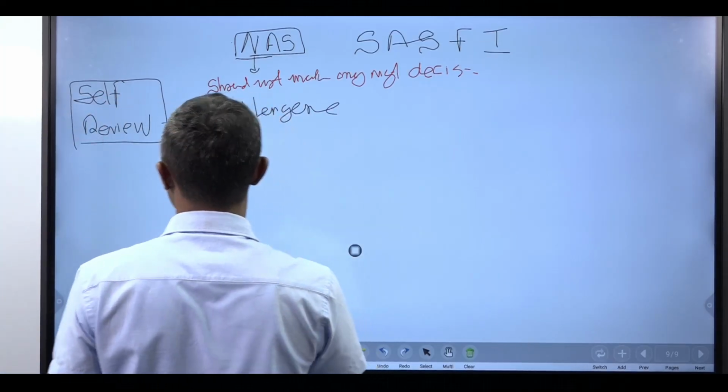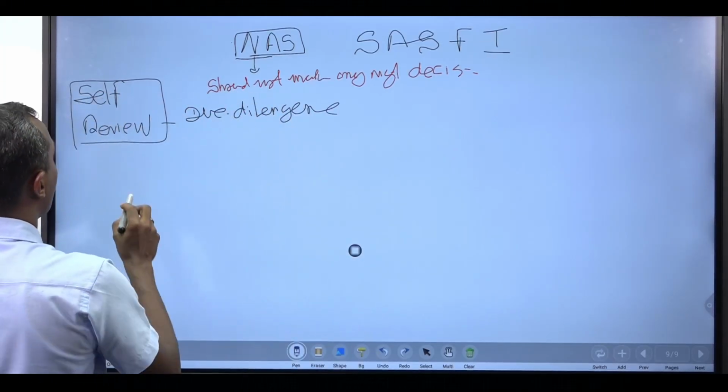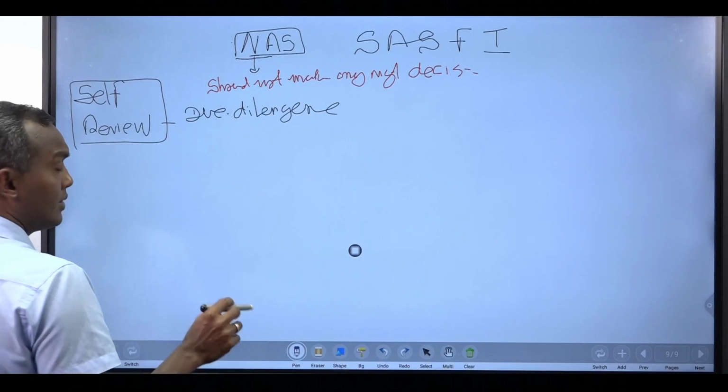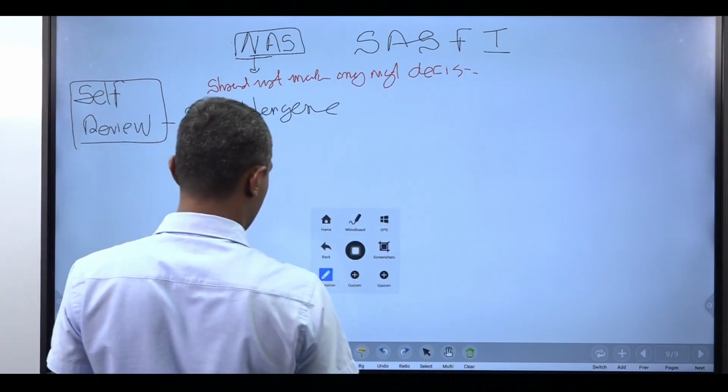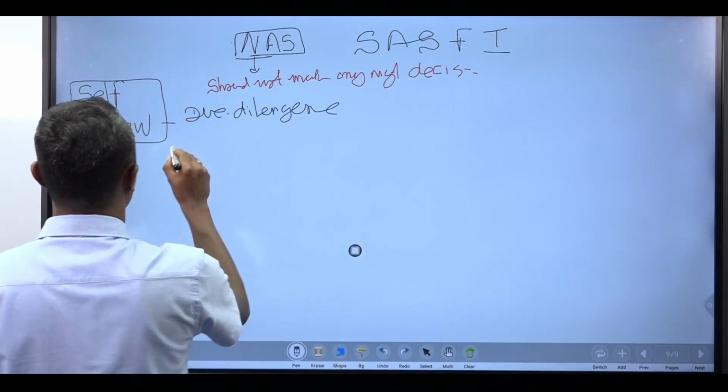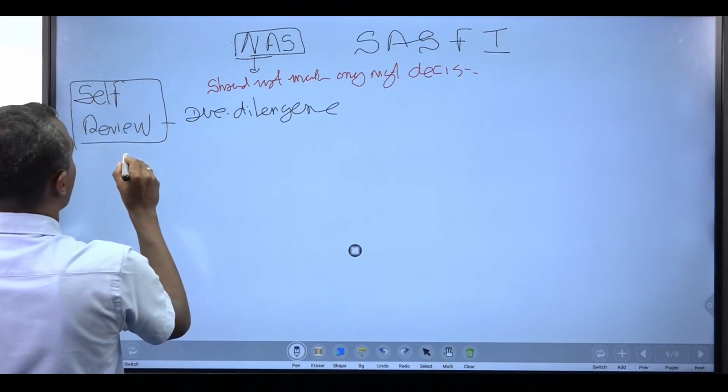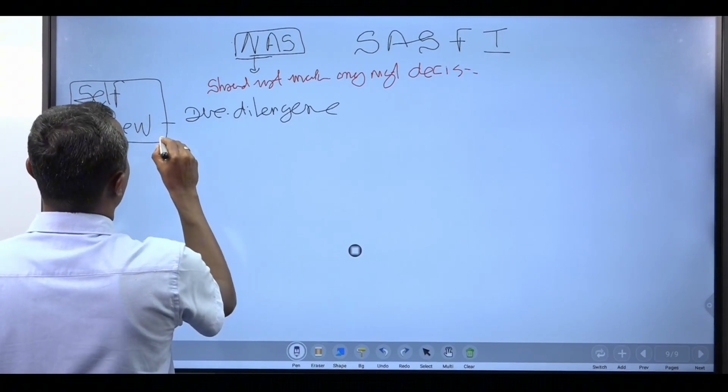So now we can write the answer, right? Please write the due diligence involves the threats we have. One threat is, okay, we'll take the self-review threat.